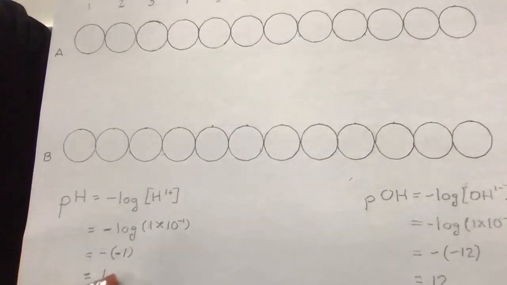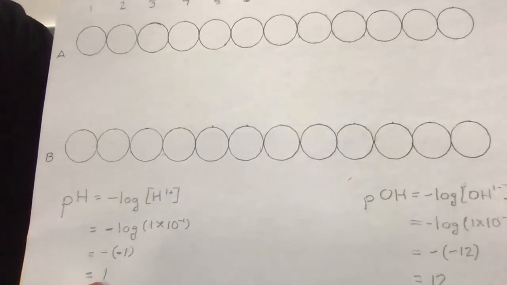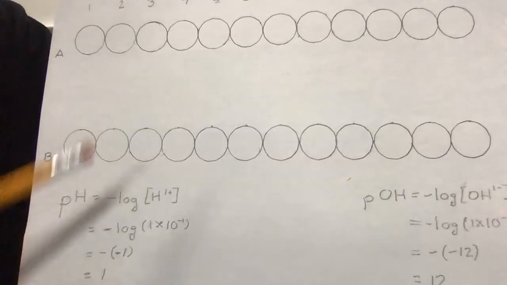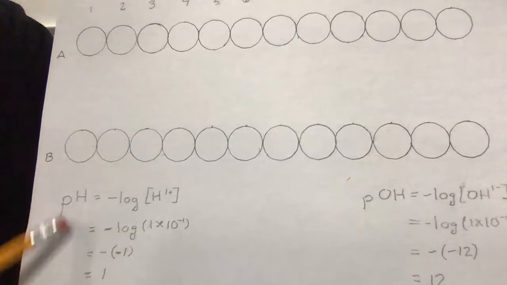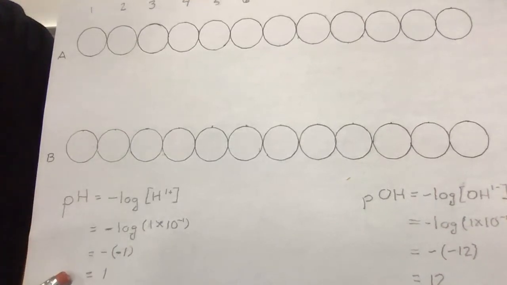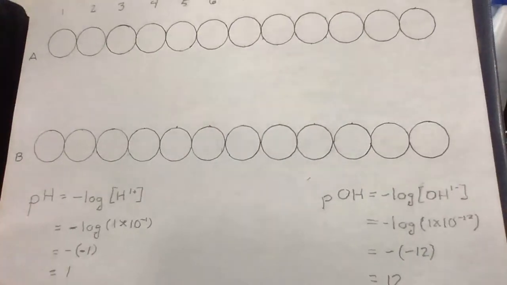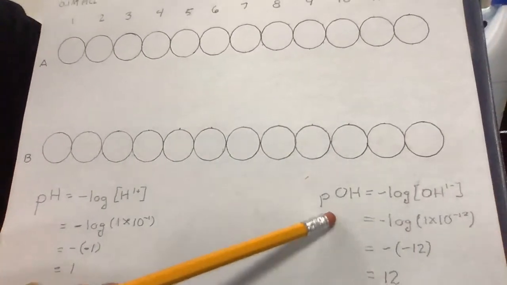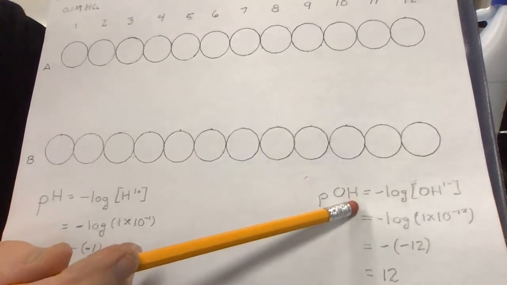So I have a -1, which when you combine the signs becomes a pH of 1. So my very first well is a pH of 1. It has the pure 1/10 molar acid in it. When I go to the far right, I can register and show the power of the hydroxide ion concentration.